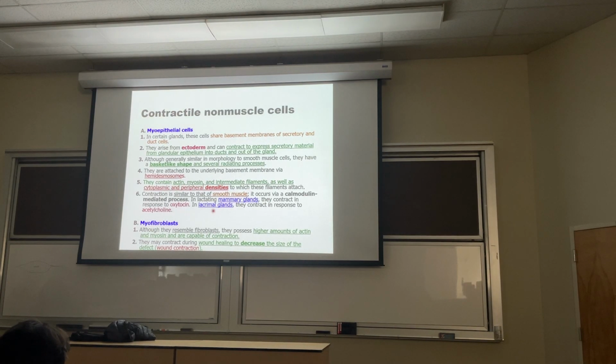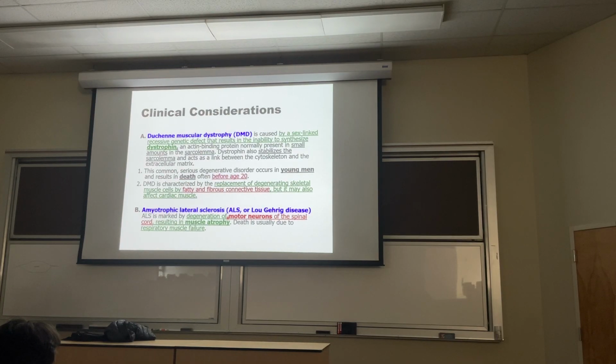They can push tears out of the lacrimal glands. And so we're using a number of different individual cells that have contractile ability. These, again, arise from ectoderm instead of mesoderm, so there's a little difference there.